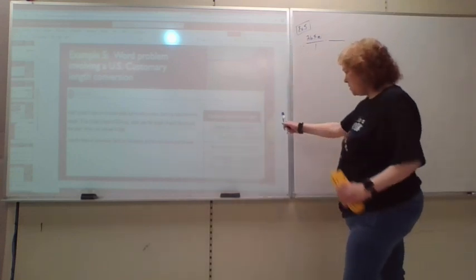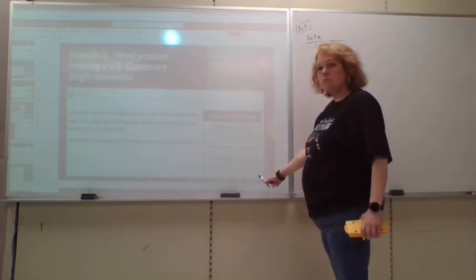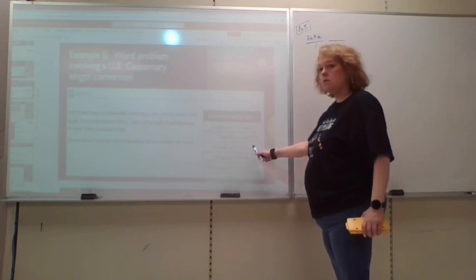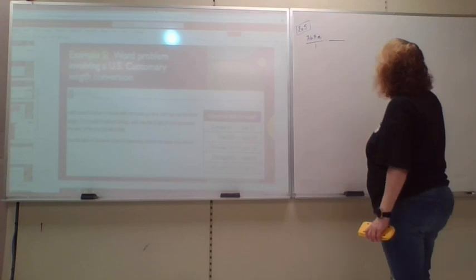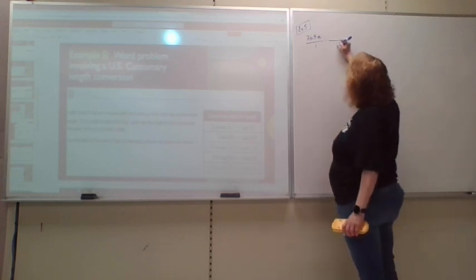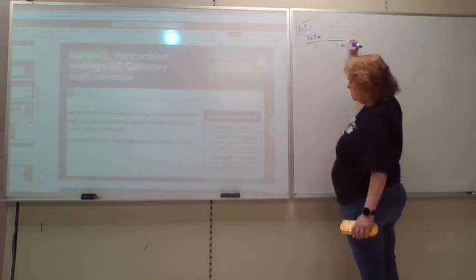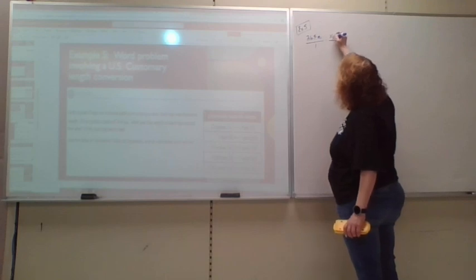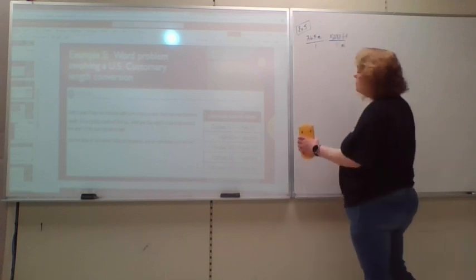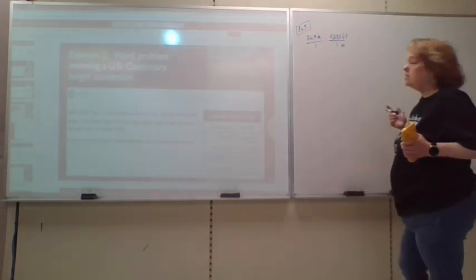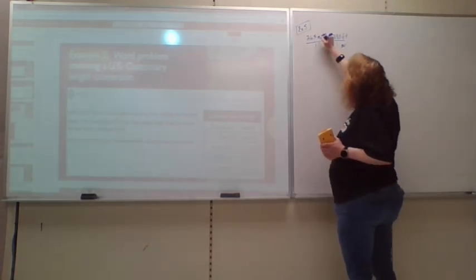So which one of these will be the most helpful? This one? Yes. So I'm going to put 1 mile on the bottom, right? 1 mile here, and I'm going to put 5,280 feet at the top, because I want feet. Cancel that out, cancel that out.